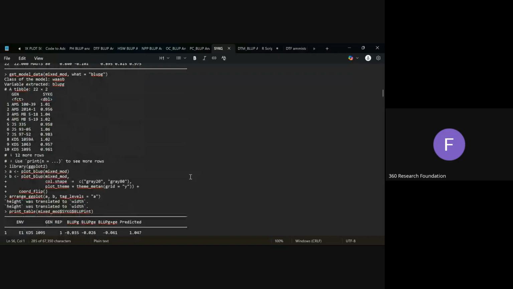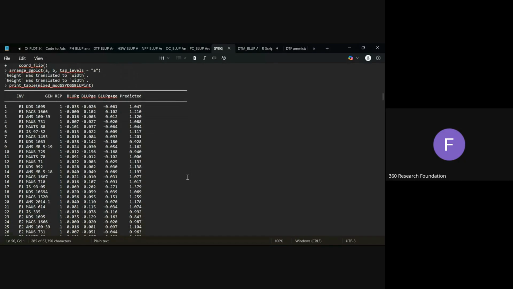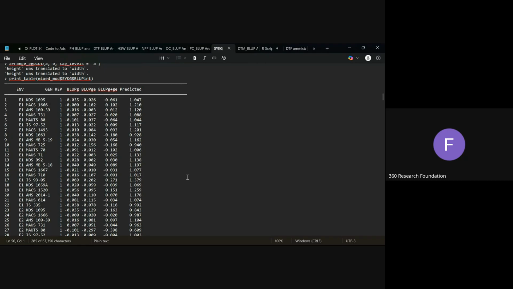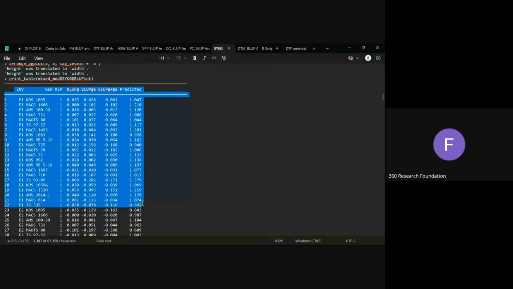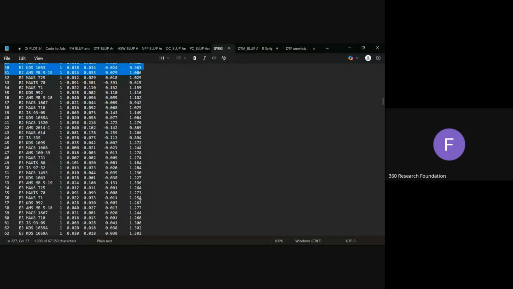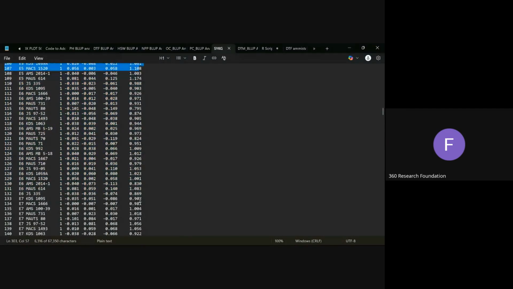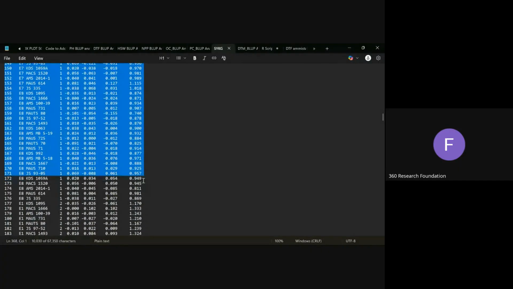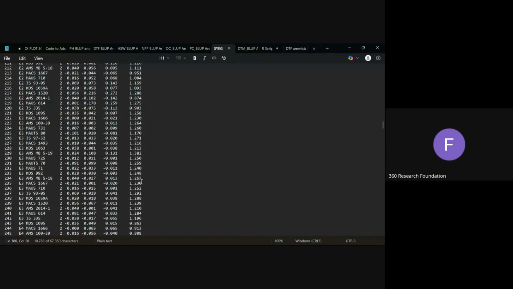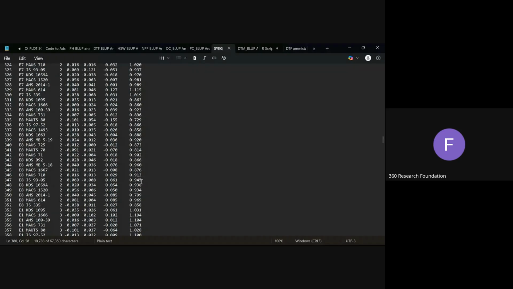Then next, the three graphs we have seen, BLUP G, G plus G into E, and BLUP GE. All the values for all three graphs across all the environments, these total entries are here.